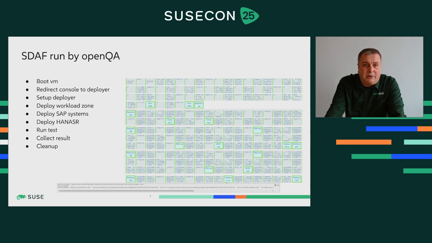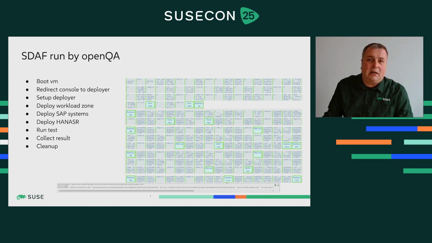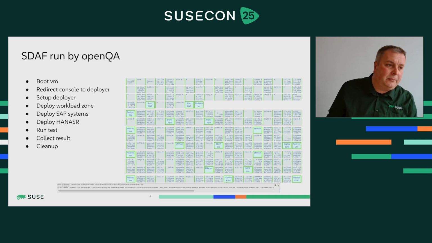In this case, we are using openQA to deploy and execute tests on Azure, and we have enabled SDAF to deploy SAP workloads on Azure. This is done by booting a virtual machine, which then takes over a cloud instance, the so-called deployer.